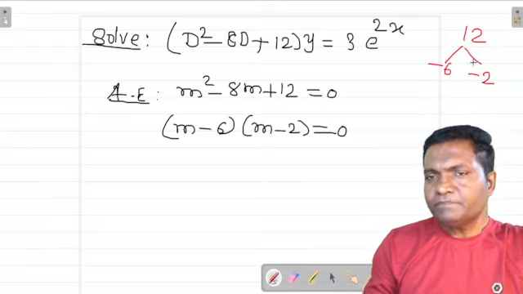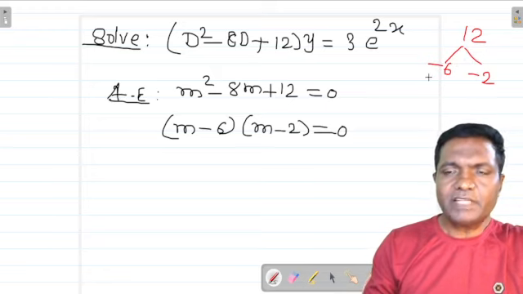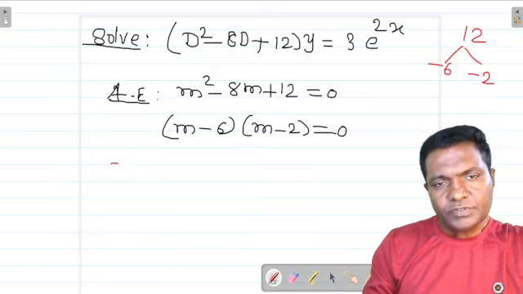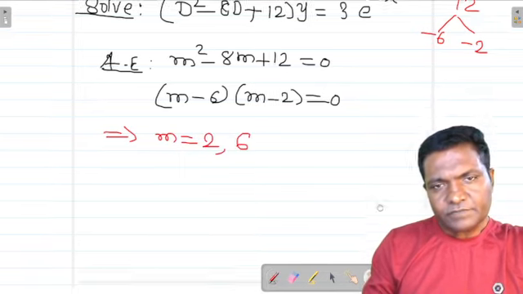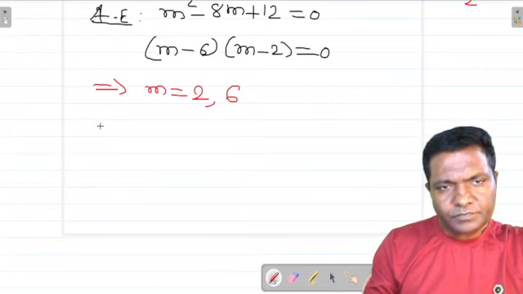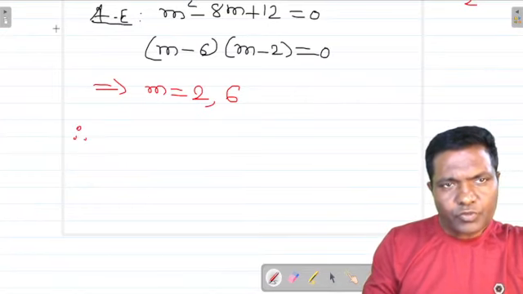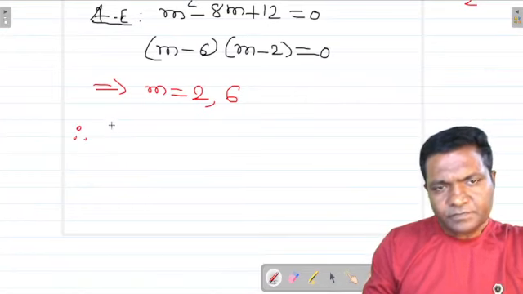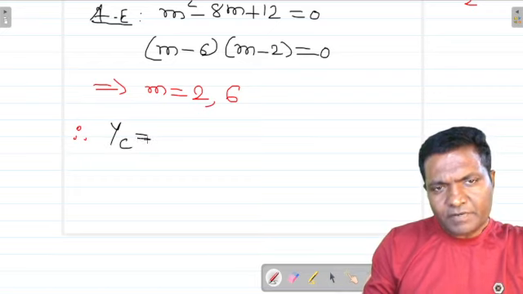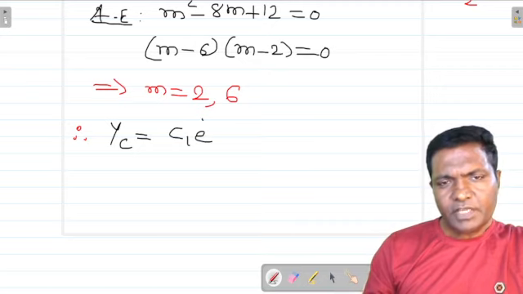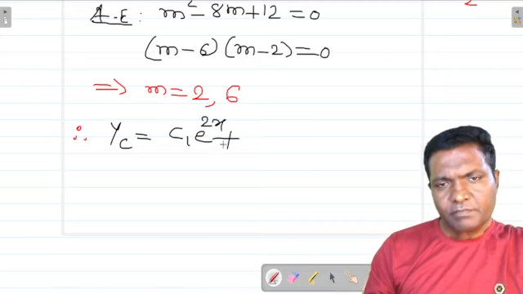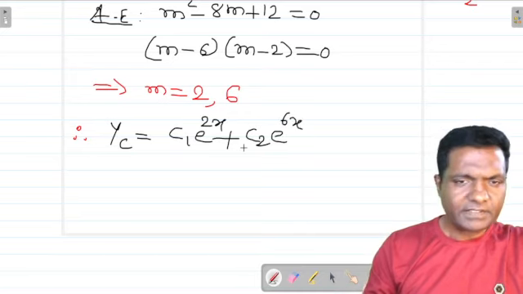Their sum is minus 8 and the product is plus 12. So this gives you roots m equal to 2 and 6. So your complementary function is yc equal to c1 e power 2x plus c2 e power 6x.